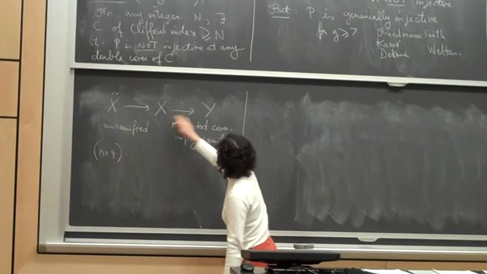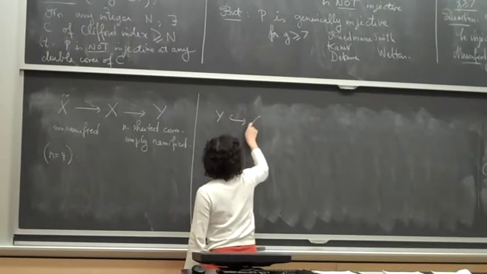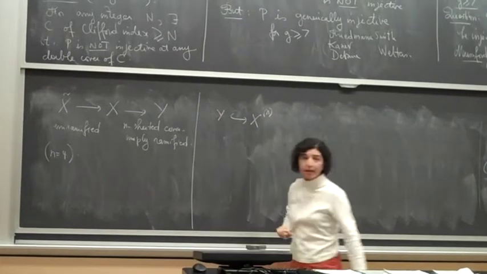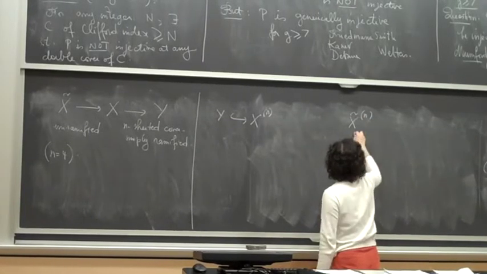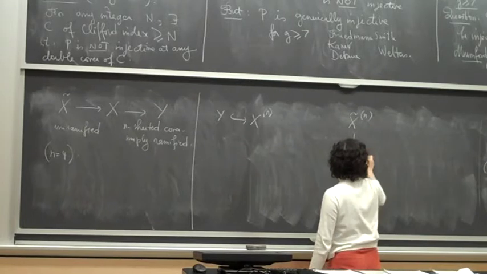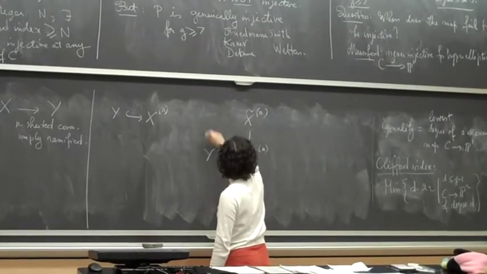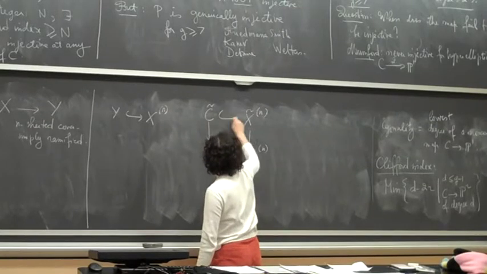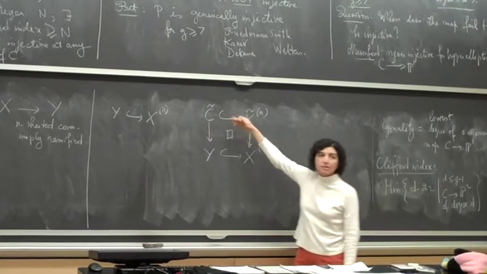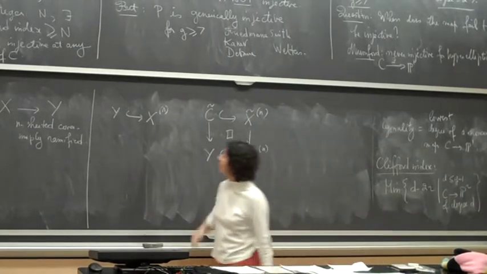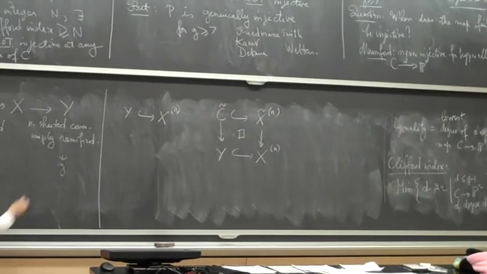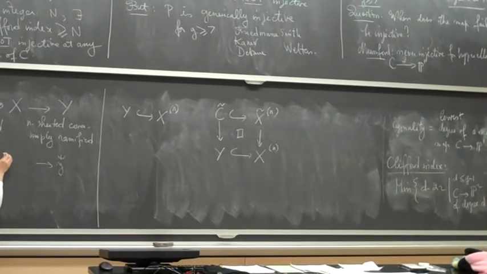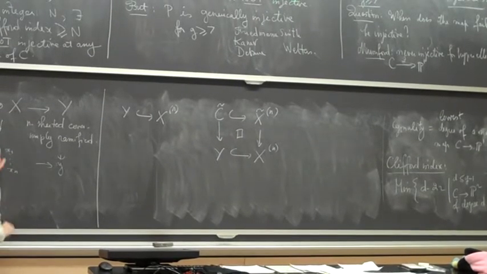So if you have this kind of setup, that's degree n, then Y embeds inside X to the symmetric power n. Then you can form a fiber diagram: X to the symmetric power n, X tilde maps to X, here you have Y, and we define C tilde to be the pullback of Y. You think of Y as sitting in there: you take a point little y in Y, then you have n points in X, say x1 through xn, that all map to y.